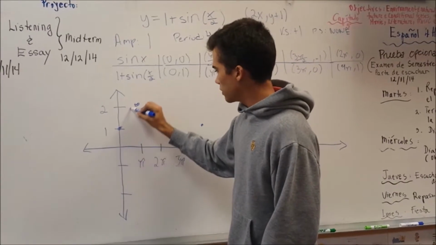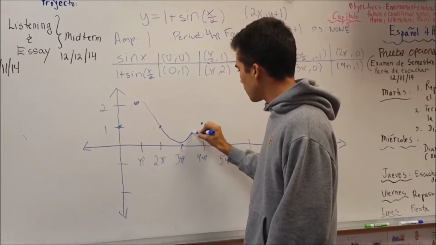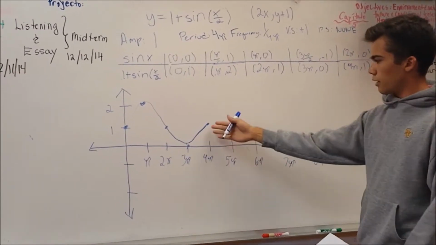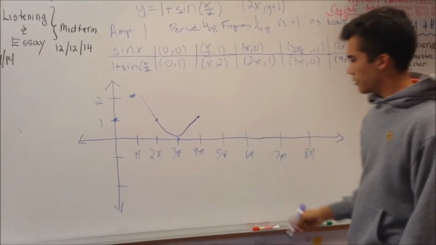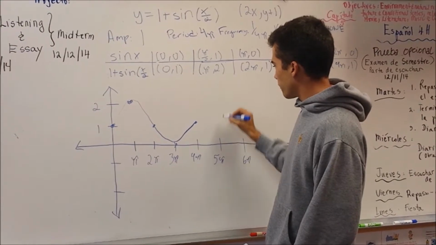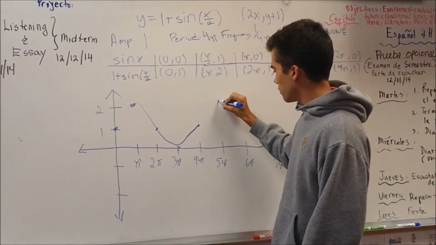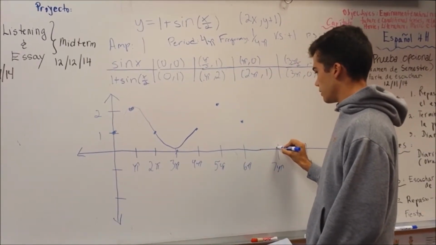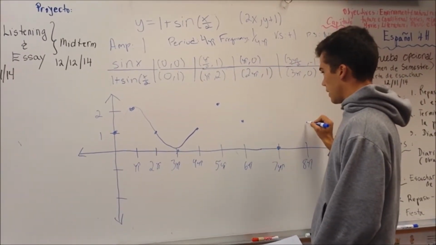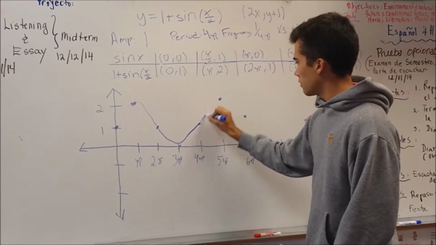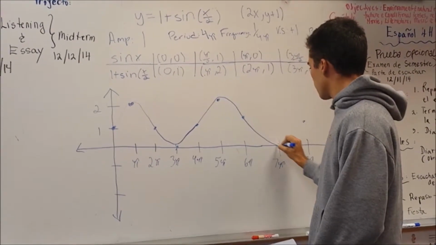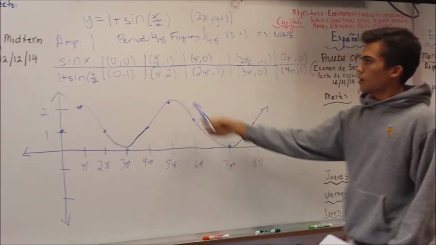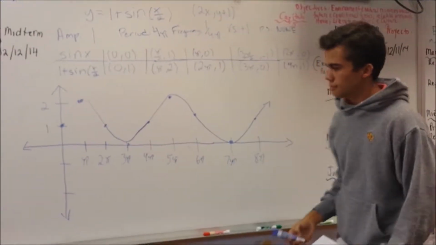So if we connect these, it makes a sine graph. And now we simply follow the same pattern for the second period. So it would be 5 pi, 2, 6 pi, 1, 7 pi, 0, and 8 pi, 1. And that is this equation graphed.